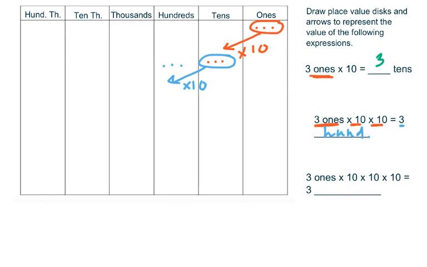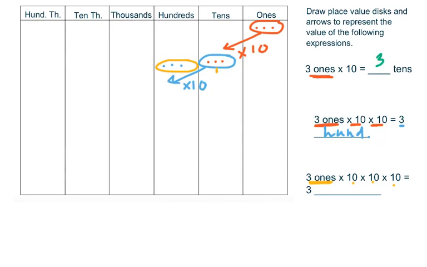Okay. Well, let's look down here at this bottom one. We're going to build again on the 2 problems that we've just done. We now have 3 ones times 10 times 10 times 10. Okay, well, let's use what we've already done here. We have 3 times 10, we said was 3 tens. Then when we multiply that by 10 again, we got 3 hundreds.